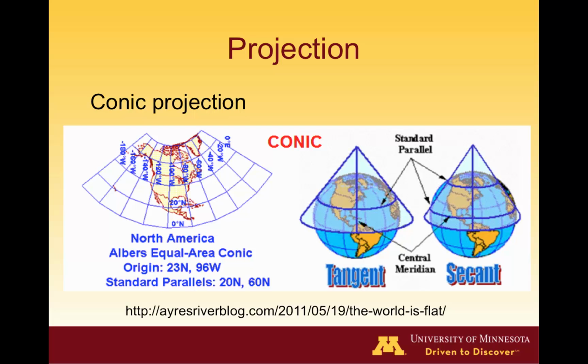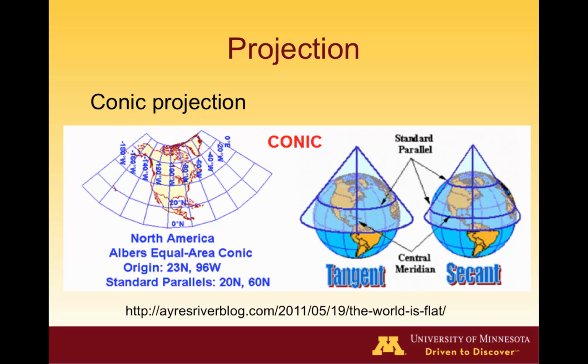So in conical projection, there are two ways of using the cone. The first way is the easily understandable way, which is you simply include the ball into the cone completely, like the left picture, which is called the tangent method for conical projection.